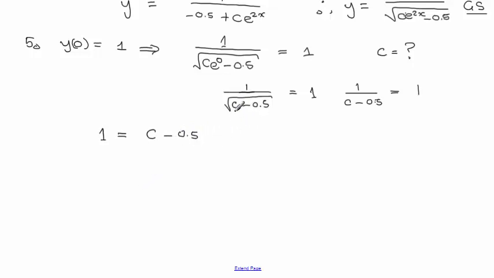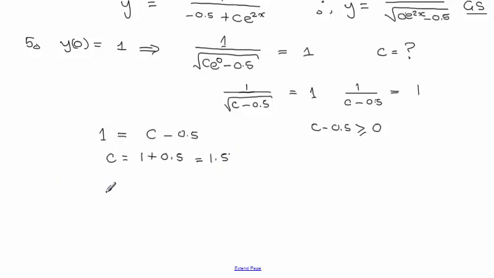Obviously, I hope you note that for this square root to be valid, c minus 0.5 must be greater than or equal to 0. So then, it means that c is equal to 1 plus 0.5, which gives us 1.5.